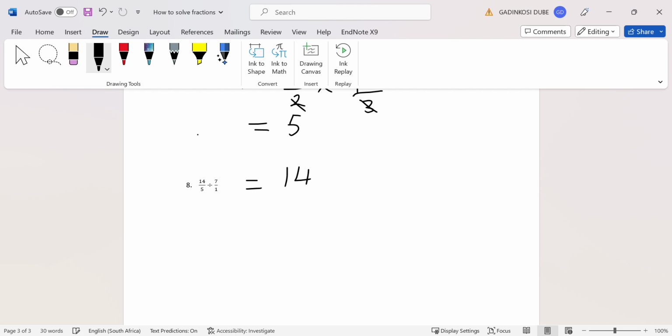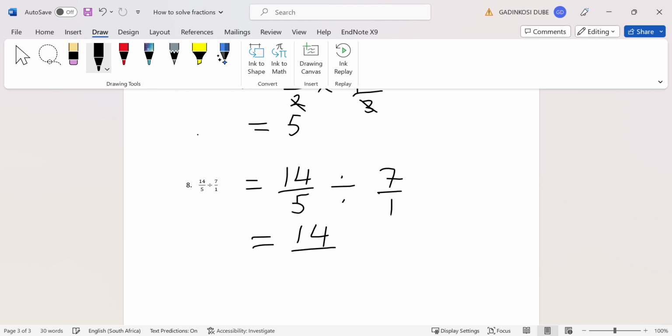So this is the fraction that is to be divided, 14 over 5, and then you've got divided by 7 over 1. Dividing by a number is the same as multiplying by its reciprocal. So instead of 7 over 1, it becomes 1 over 7. That's the reciprocal, or inverse.